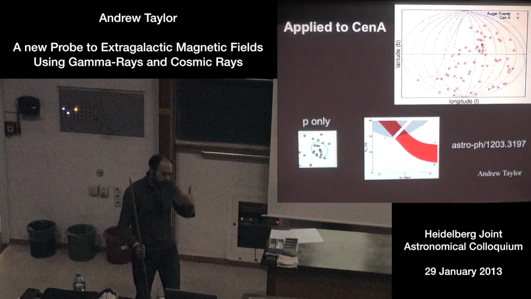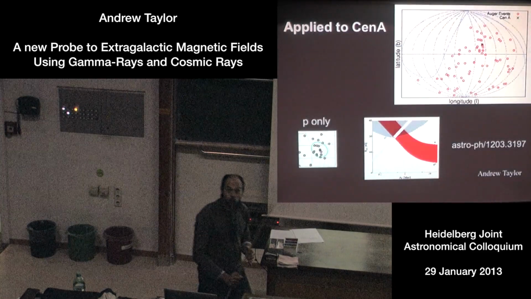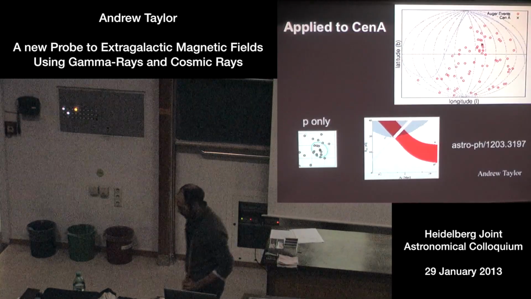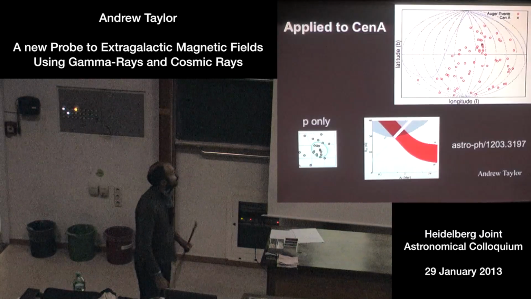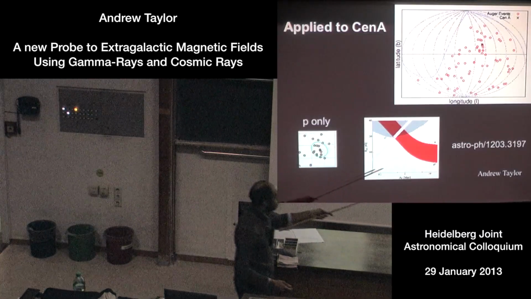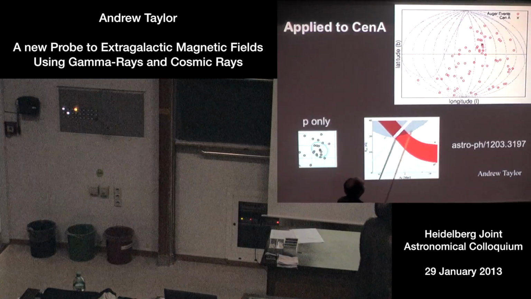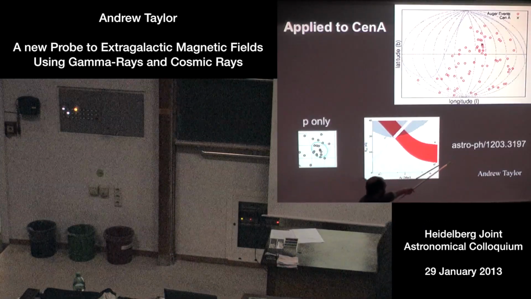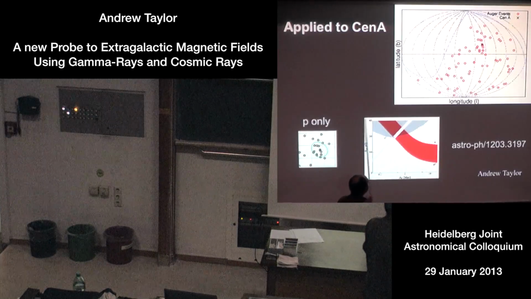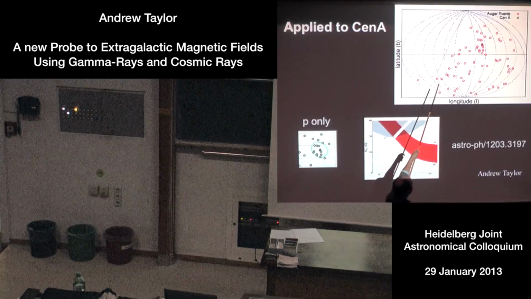Okay, so we can look for this deflection. I was talking about rotation measurements before, and one of the key people in this field for that has been Phil Kronberg. And it's actually interesting because he's also branched out, looking at other methods of measuring extragalactic magnetic fields. So this is a recent Phil Kronberg paper, and he's looked at the distribution of ultra-high-energy cosmic rays.